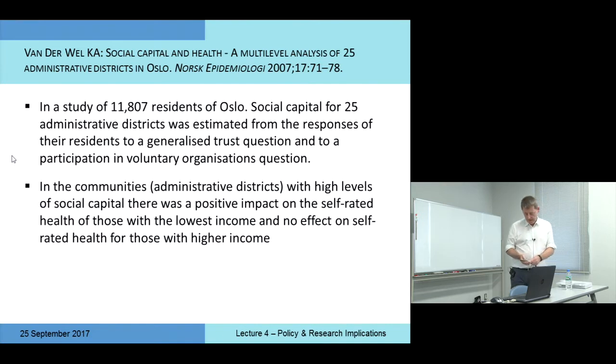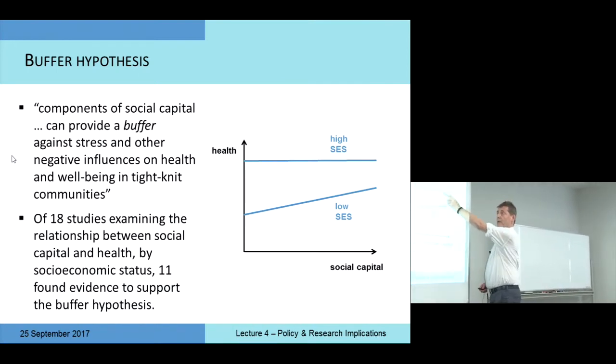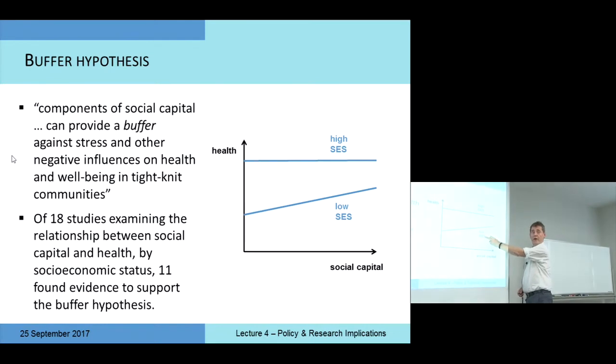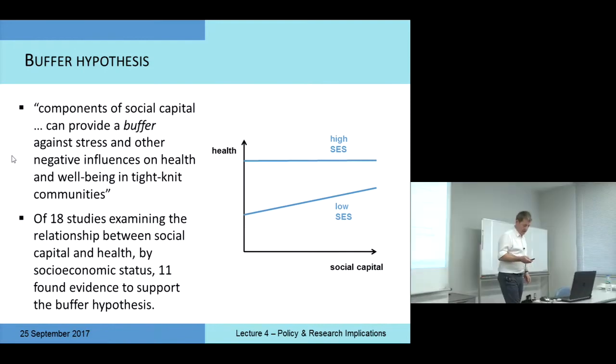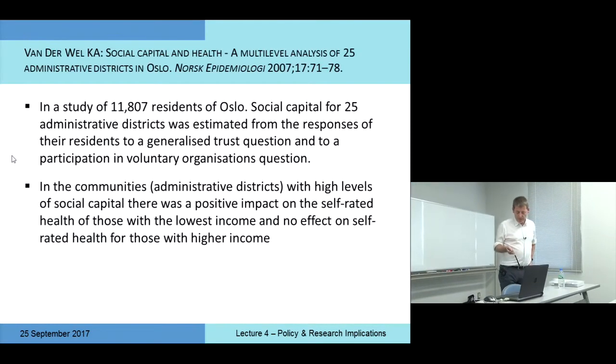So that is directly speaking to what we're just looking at here. Those with the higher income, there was no impact of social capital on health. Those with the lower income, there was a positive relationship between these measures of social capital and health. And indeed, about 11 studies came up with support for that. This has just been one example.